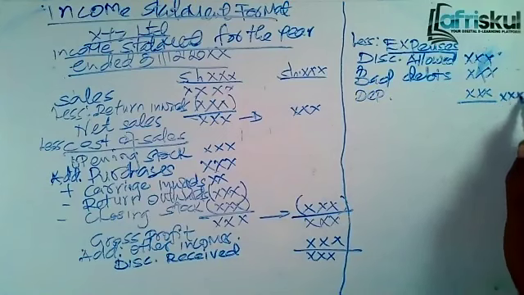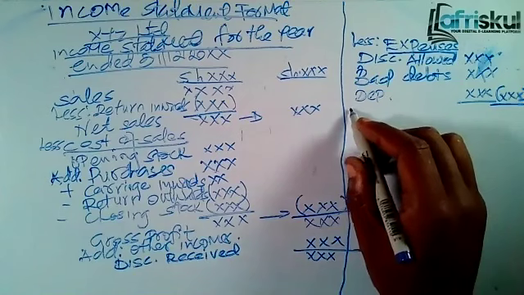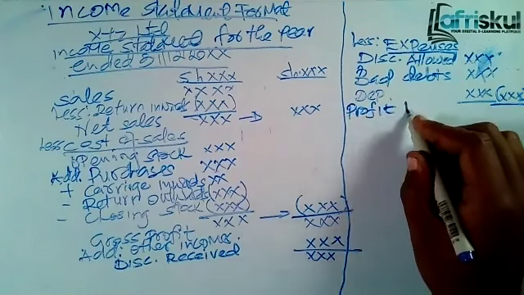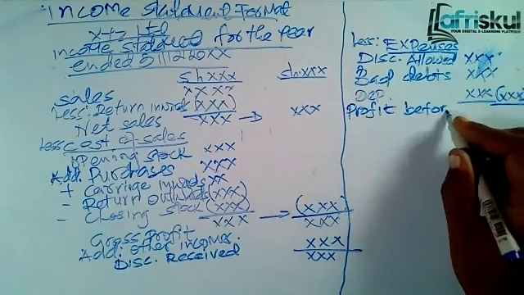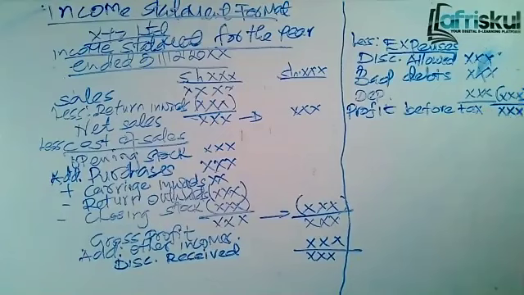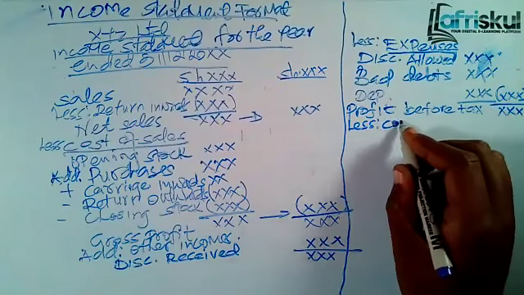After getting the total expenses, you will less from the total income, and therefore what you will get here is the profit before tax. So after getting that, you are supposed to look for the corporate tax.